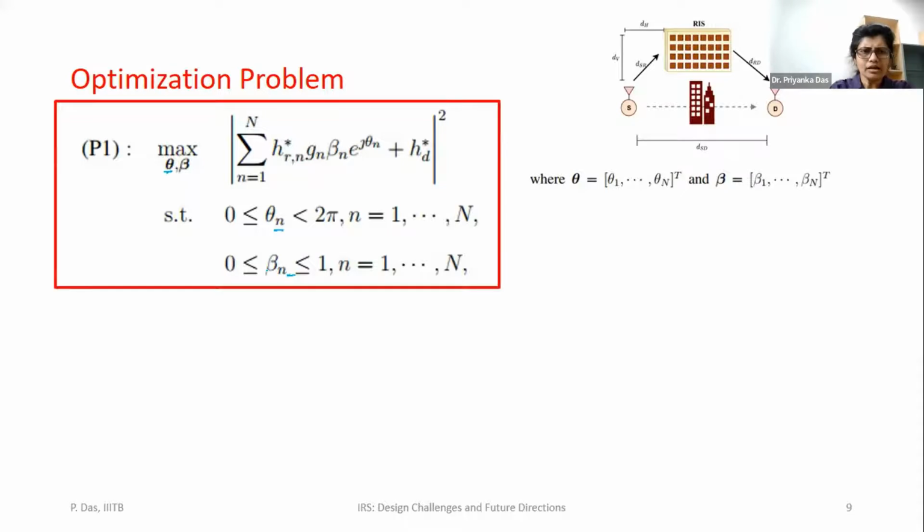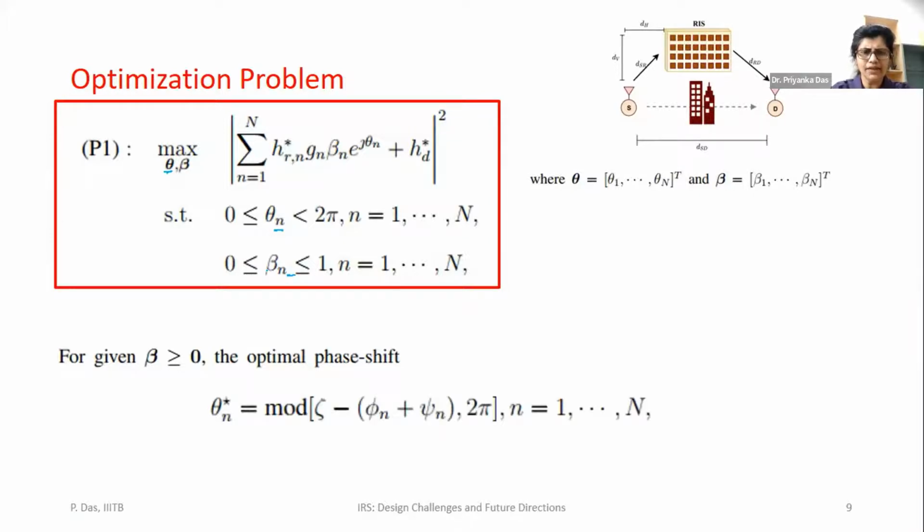Now they come up with the optimal phase shift for a given beta, and this answer is proven in that paper to be this. I am not going to prove this answer, but you have to go back and see why theta n star is mod of zeta minus phi n plus psi n.